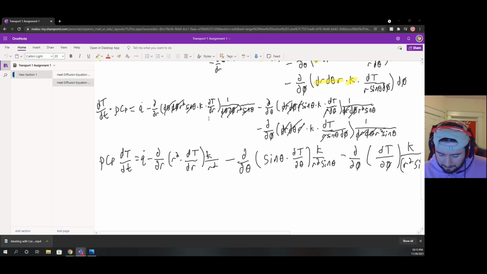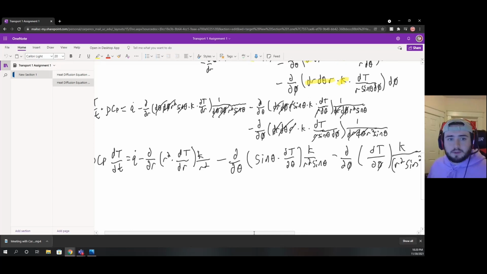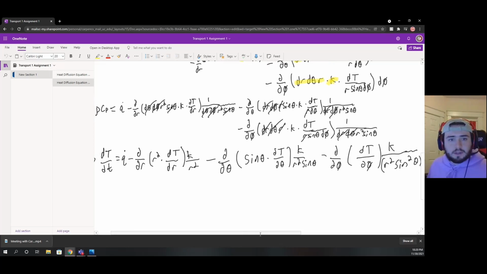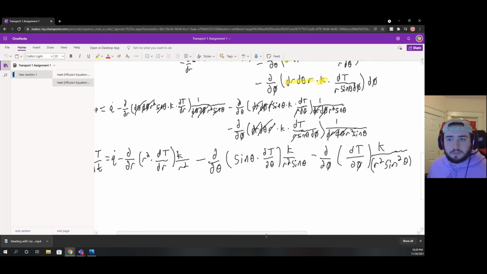So now we're able to divide by k and create our thermal diffusivity inverse constant. I just realized that this cut off a little bit. Sorry about that.